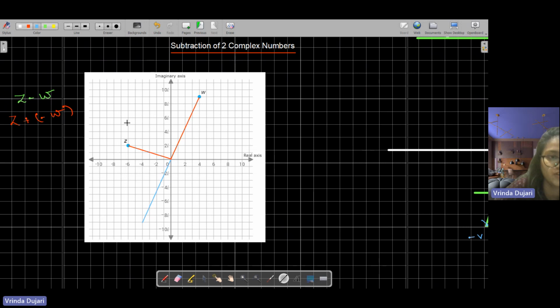So let me just write it. So this is your negative W. So you have Z, you have negative W. Now you gotta complete this parallelogram over here. Okay. So let's do this. I'm gonna use the blue color.